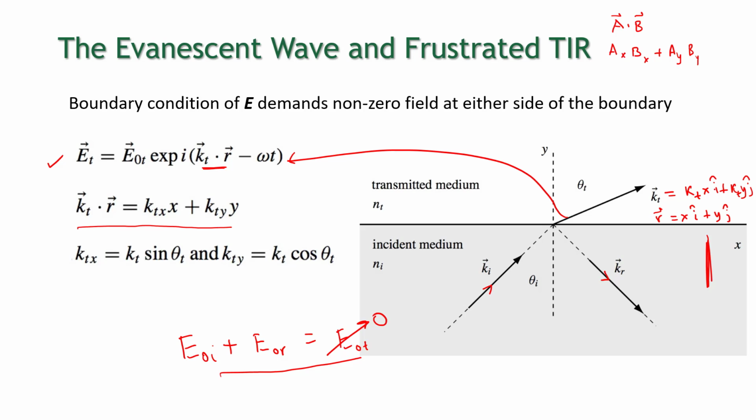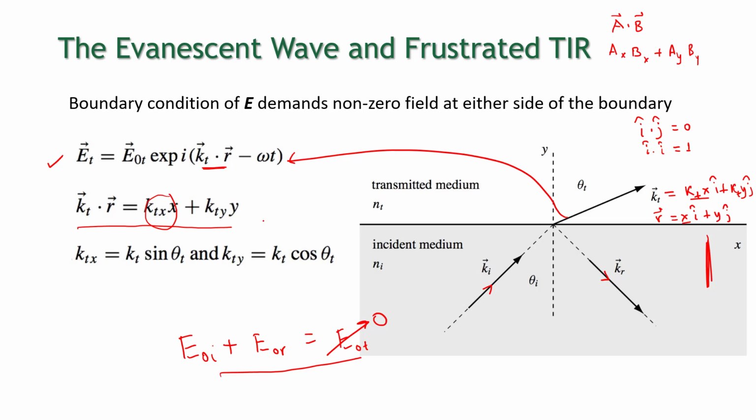When you take the dot product of these two, only i hat and i hat will survive. So, you will have KTx times x, and on this one only j hat and j hat will survive. i hat dot j hat would be 0, j hat dot i hat would be 0, because dot product of these would be 0. Only the dot product of the same unit vectors are non-zero.